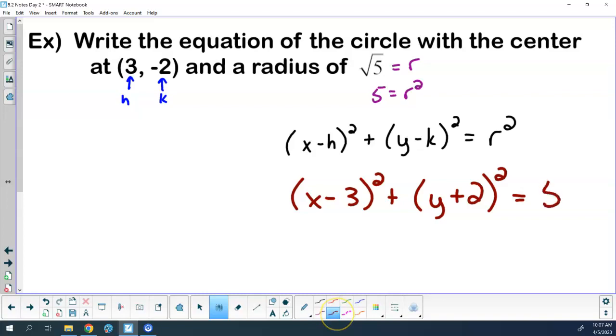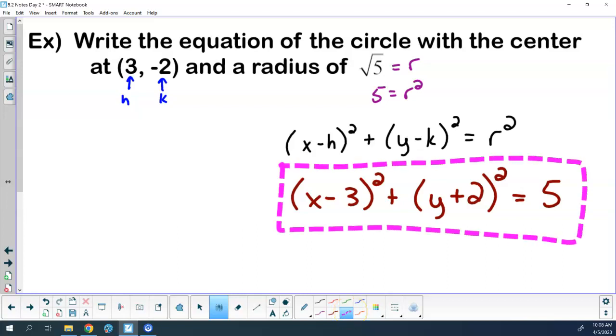So then this equals 5. If there's one sticky point, one spot that might trip you up in this stuff, it's that you've got to remember to square r. And that's it. Questions on that?